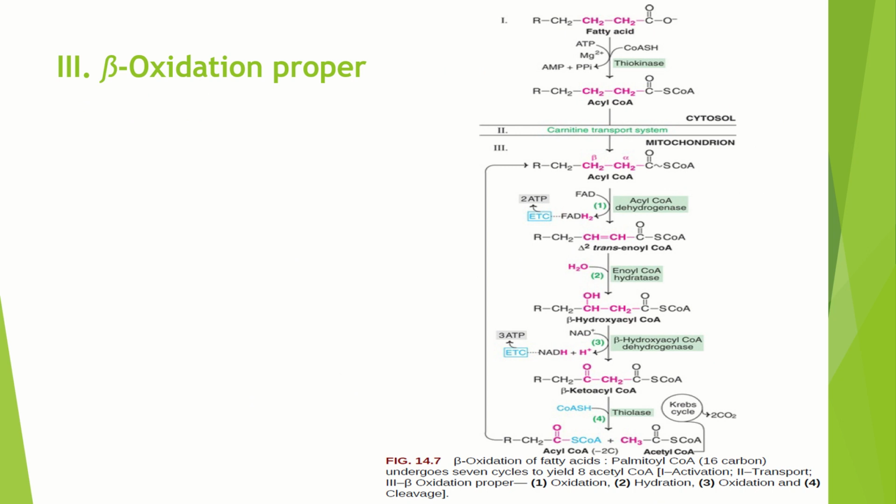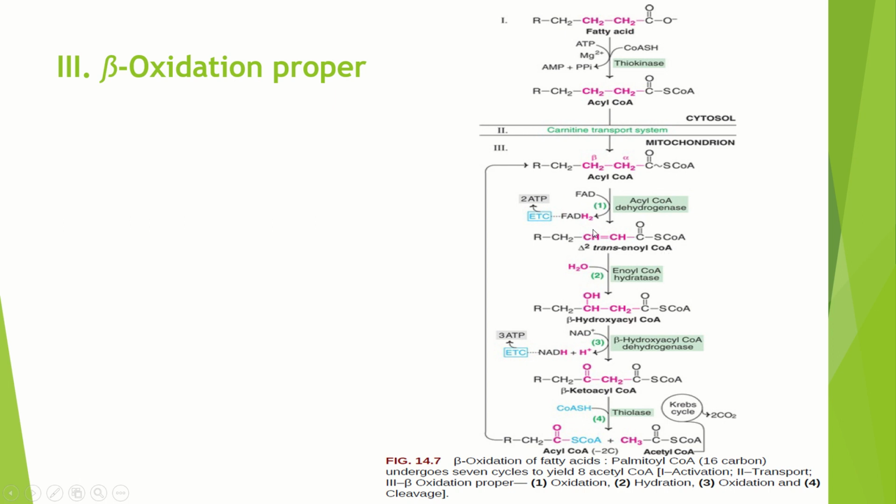So now we have activated fatty acid in the mitochondrial matrix, and this is going to be oxidized in 4 steps. The activated fatty acid, that is acyl CoA, undergoes an oxidation reaction with the help of acyl CoA dehydrogenase enzyme, which is a FAD dependent enzyme, and forms trans-enoyl CoA.